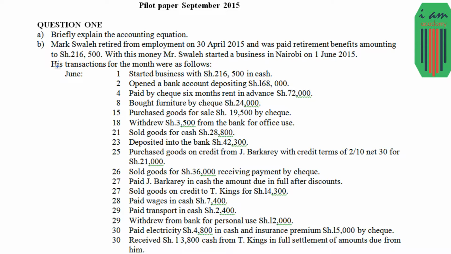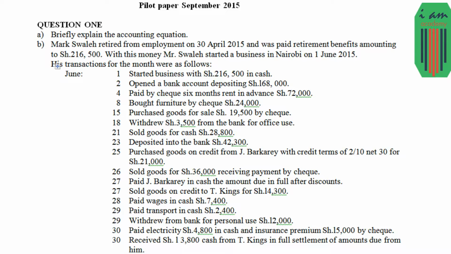On 26th, he sold goods for 36,000, receiving payment by check. On 27th, paid J. Bakare in cash the amount due in full after discounts.